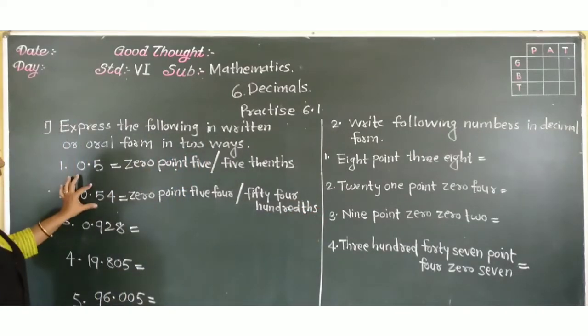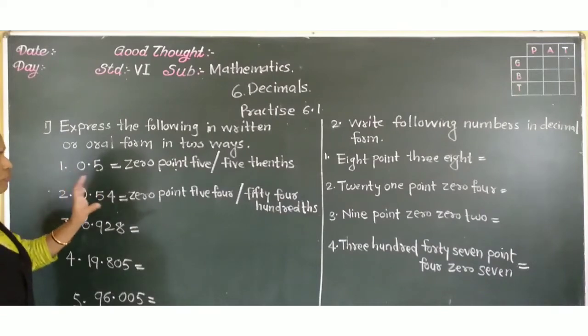Or you can write 5 tenths, 4 hundredths, or 54 hundredths.